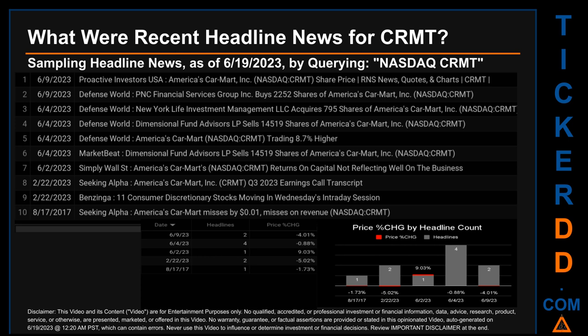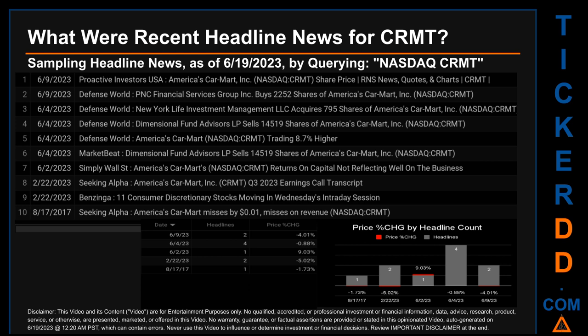Defense World published the headline that read, Dimensional Fund Advisors LP sells 14,519 shares of America's Car Mart. Defense World published the headline that read, America's Car Mart trading 8.7% higher. MarketBeat published the headline that read, Dimensional Fund Advisors LP sells 14,519 shares of America's Car Mart.